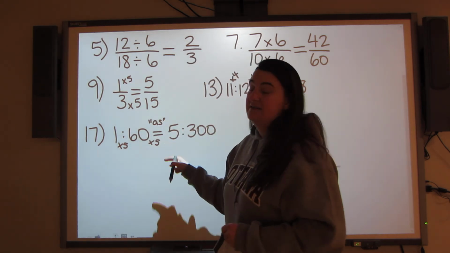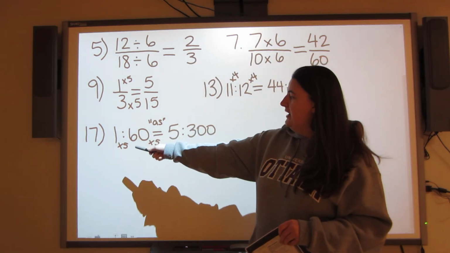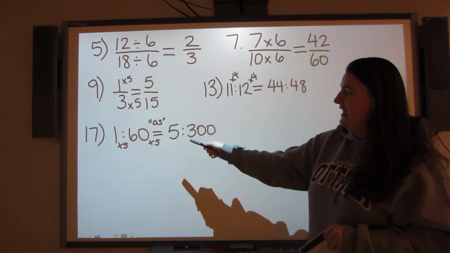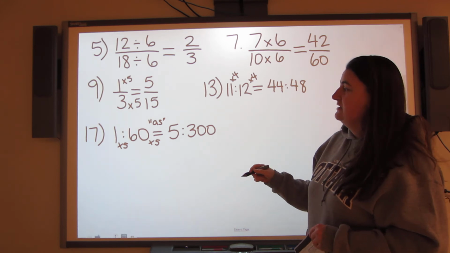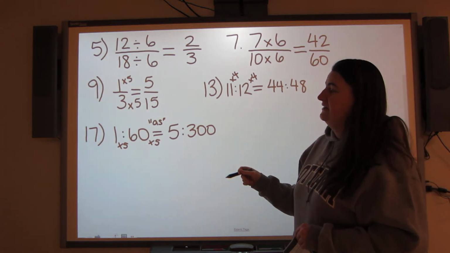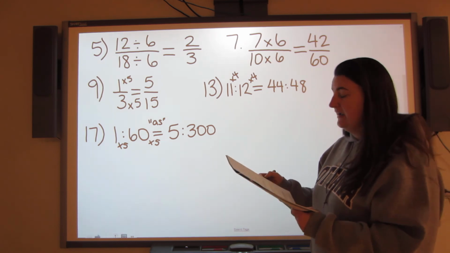That's always the easiest way whenever you're multiplying things that have zeros. So 1 to 60 as 5 to 300. 1 to 60 equals 5 to 300. That's your proportion.